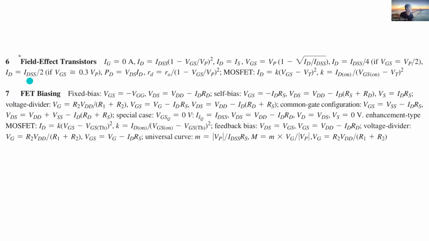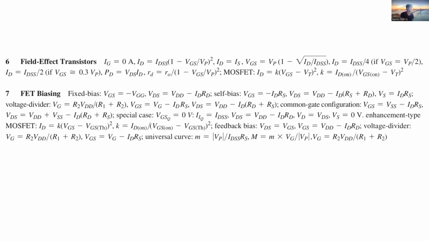For the biasing, we have the fixed bias, self-bias, voltage divider bias, and the other biasing methods, common gate configuration. These are all the significant equations that may be used to solve FET DC biasing in electronic devices and circuits.